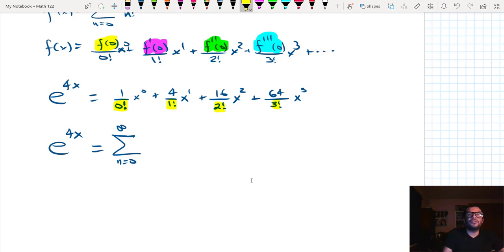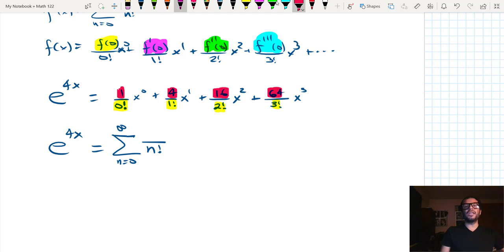We have factorials, very similar to what we had earlier, n factorial in the denominator. And now let's look at the numerical coefficients, I mean this 1, 4, 16, 64. Hopefully you recognize this pattern.